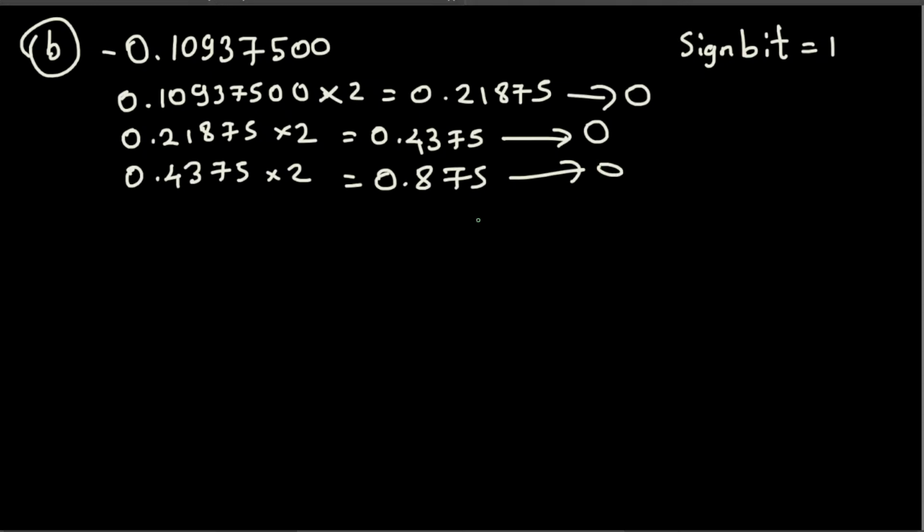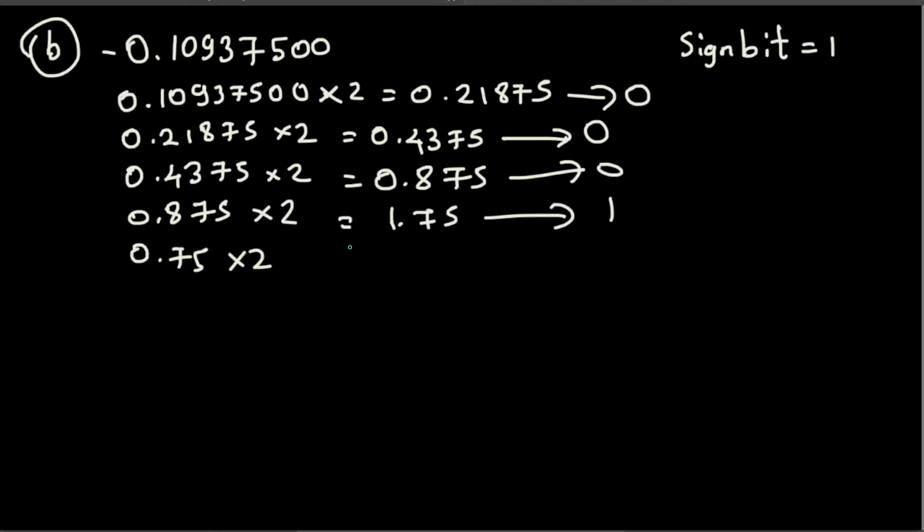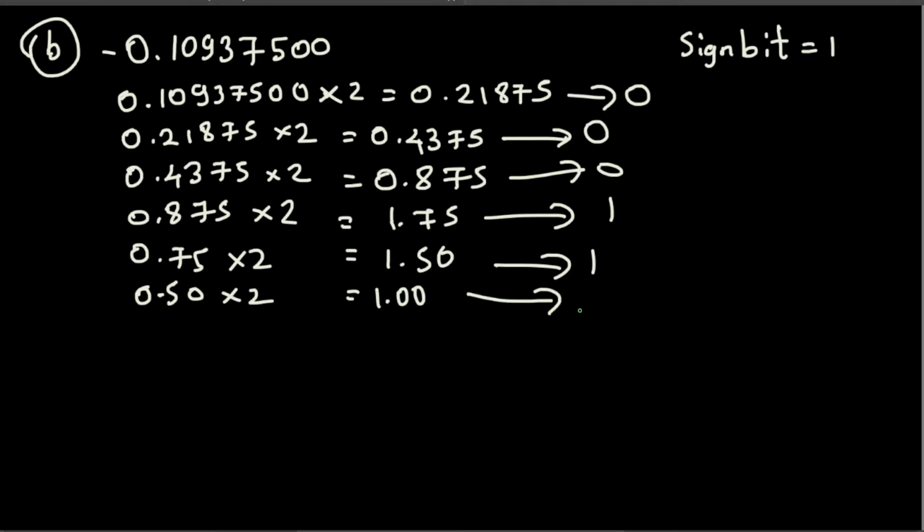Here we have 0 in front of the decimal point, and then 0.875 multiplied by 2 gives us 1.75, and here we have 1 in front of the decimal point, and we only bring the value after the decimal point, that is 0.75 multiplied by 2, which gives us 1.50. Here we have 1 in front of the decimal point, and then 0.50 multiplied by 2 gives us 1.00. So here 1 in front of the decimal point, and we derive the situation where there is 0.00. So we stop right here and we read this from top to bottom. If you do that, this is 000111.